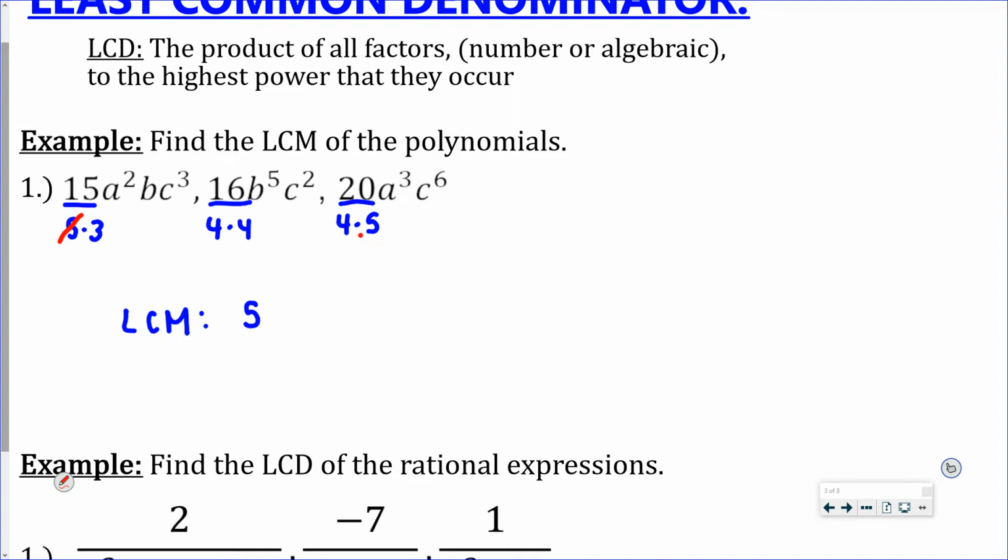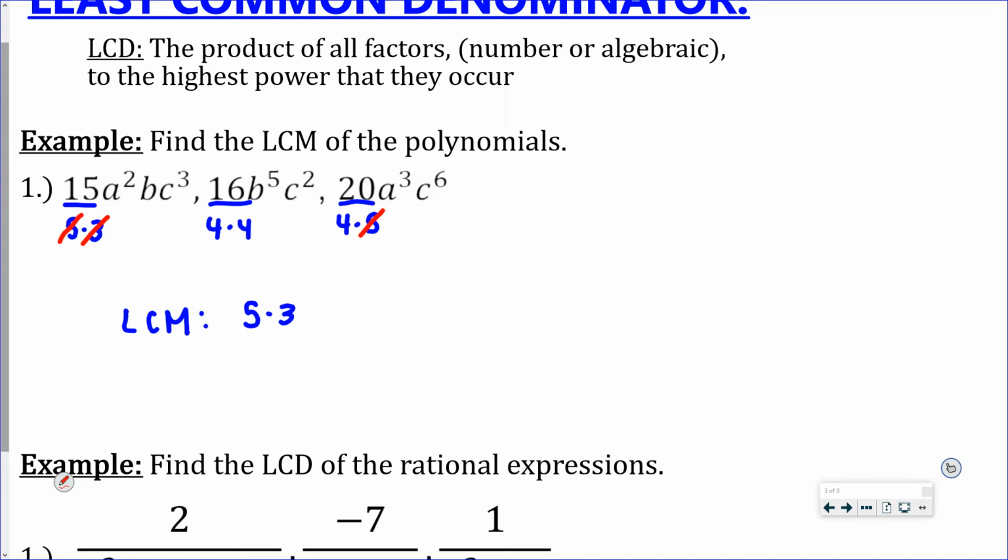Next, I see I have a factor of 3. So I need at least a factor of 3, and that will give me a multiple of 15, obviously, right? Now I like that we cross off this one already too. So now I need a multiple of 20 represented in there.